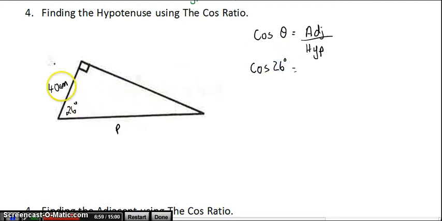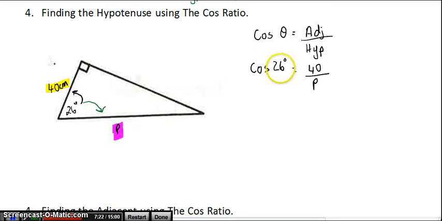The adjacent side, remembering it's the one next to the angle, and the hypotenuse is the longest side opposite the right angle here. And write that information in correctly, so the adjacent is 40 centimetres and the hypotenuse we don't know is p.